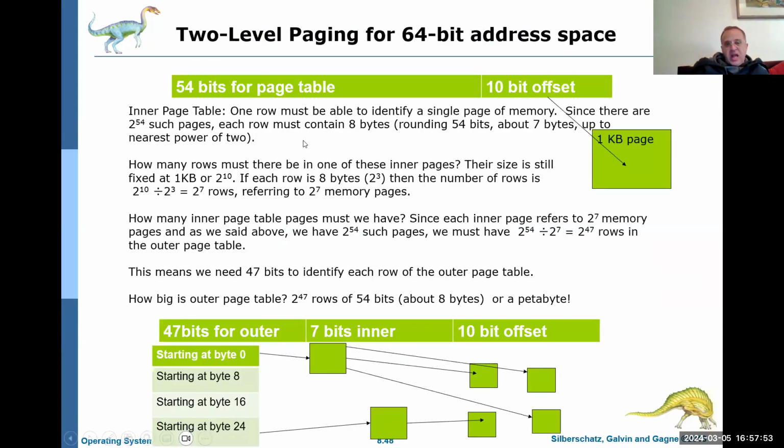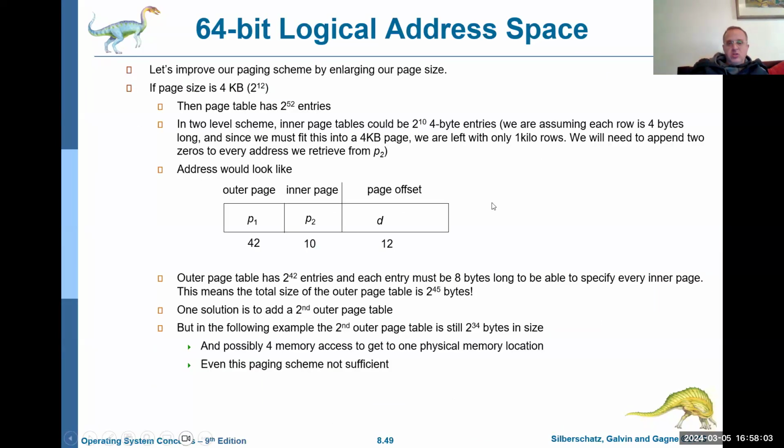Now, this slide I wrote here to just calculate what it would be if I had a 10-bit offset on a 64-bit machine, but that's a little bit crazy. Let's make a 12-bit offset and a 64. Let's improve our paging scheme by enlarging our page size.